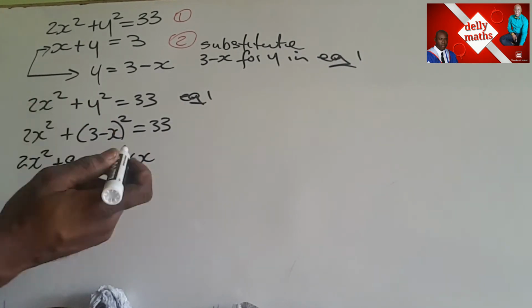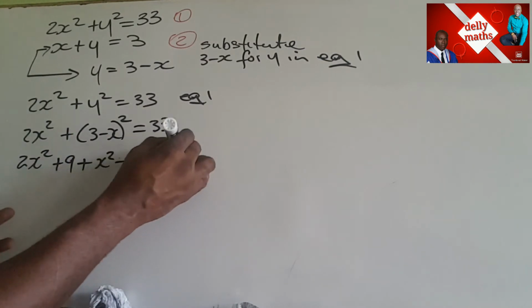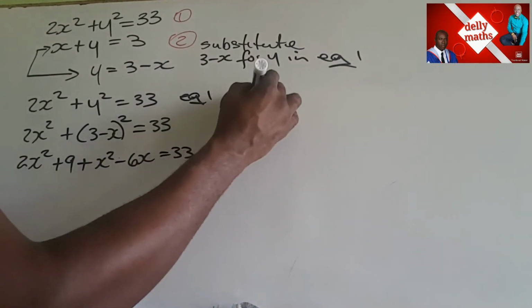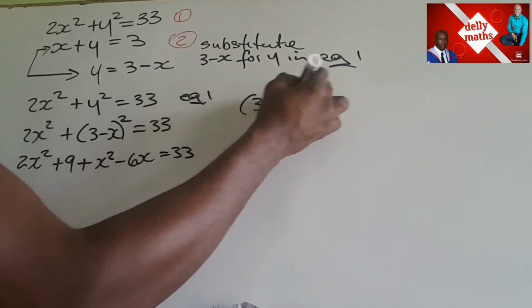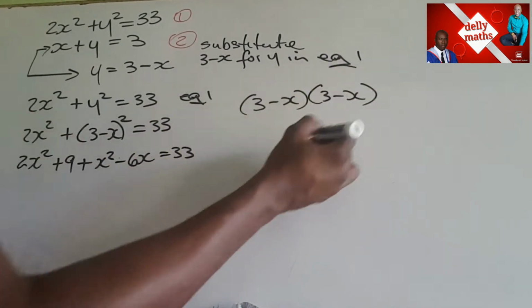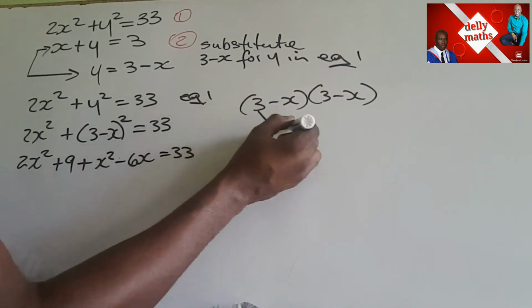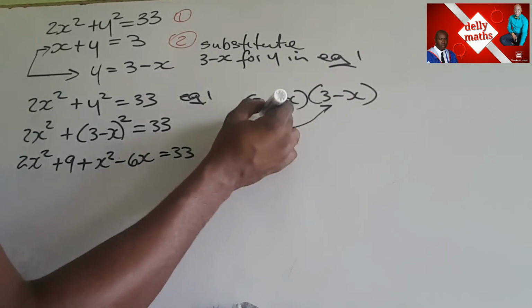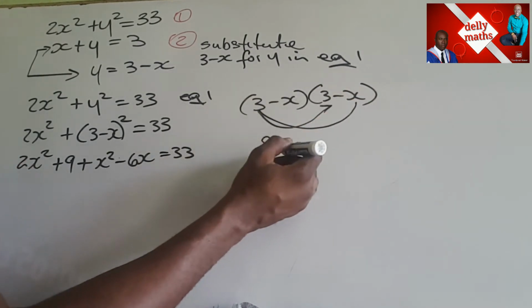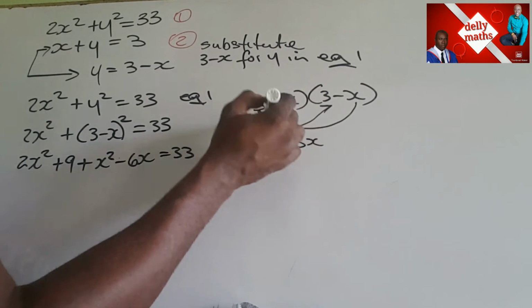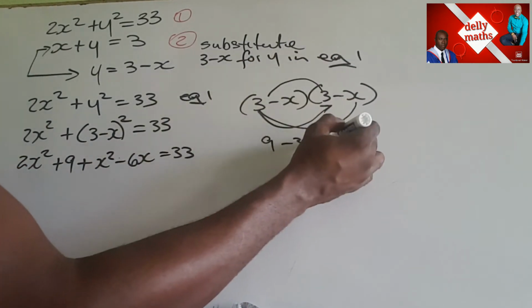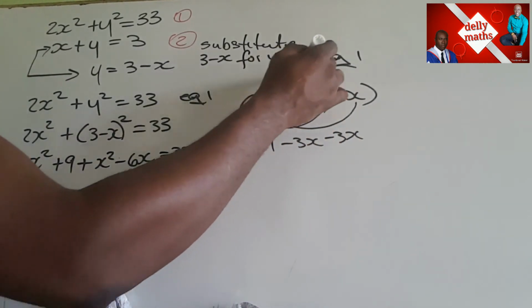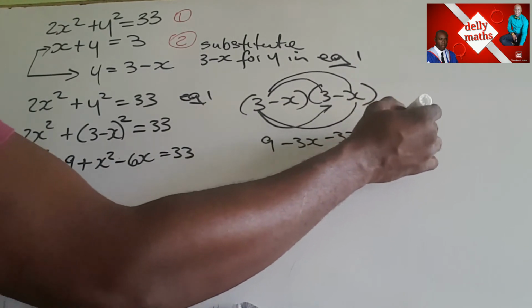Now, for those persons who may not understand that, you can just go ahead and do it the normal way. We can FOIL it out, meaning 3 times 3, that's the 9. 3 times negative x, that's negative 3x. Negative x times 3, that's negative 3x. Negative x times negative x, that's positive x squared.